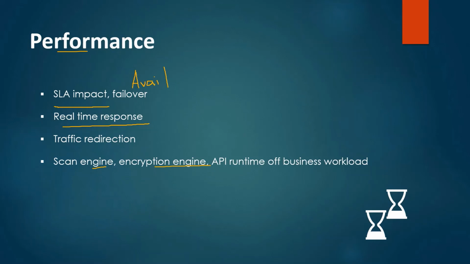If you're using API mode, then the CASB API events and activities can take up some resources too. So there is a technology to have an API runtime of the business workload, so that the execution of CASB control algorithms will be running off the load from your business load execution.